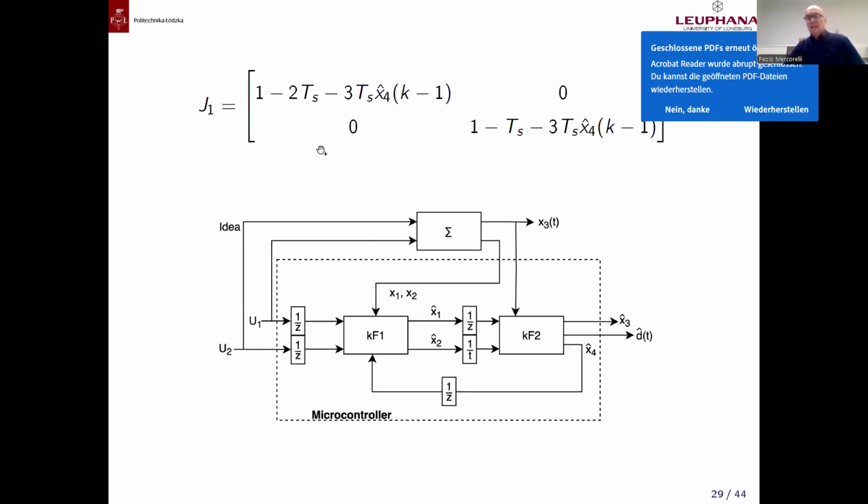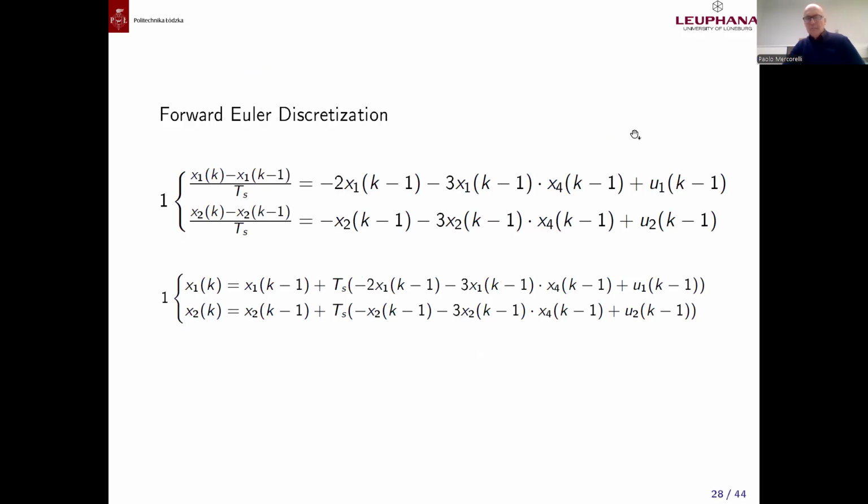Here is the Jacobian of the system. Look, first of all, why do we have this 0? I hope there is no error. Let me see. Now it seems to be correct, because the state is x1 and x2. We can see that we don't have x2 in the first equation.